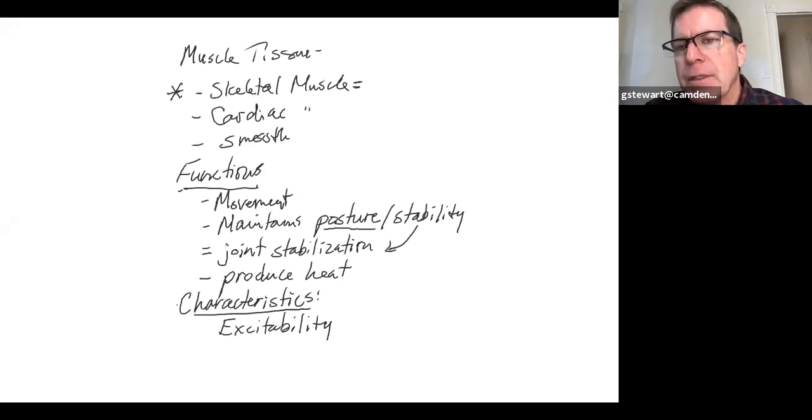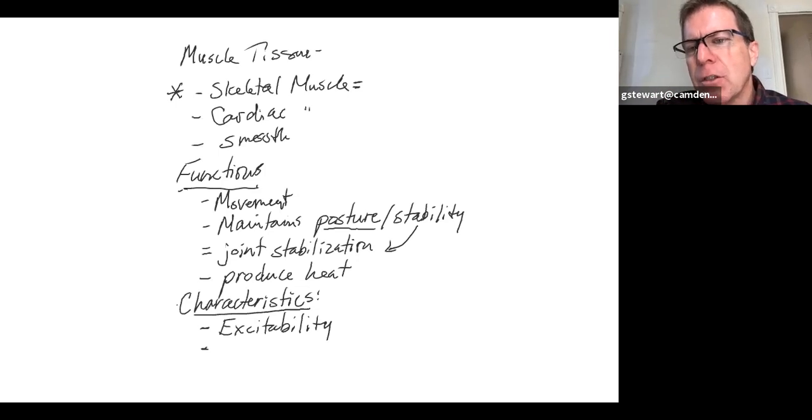So we need the nervous system, or in the case of smooth muscle and cardiac muscle, the endocrine system as well, to produce muscle contractions. But the muscle tissue, the cells themselves, also produce some sort of an electrical event. They're excitable. That's where that word comes from.